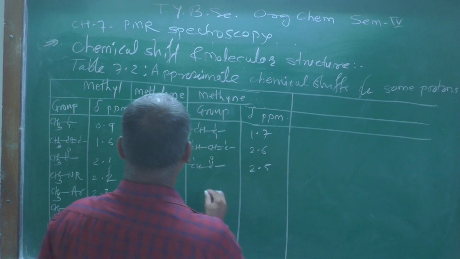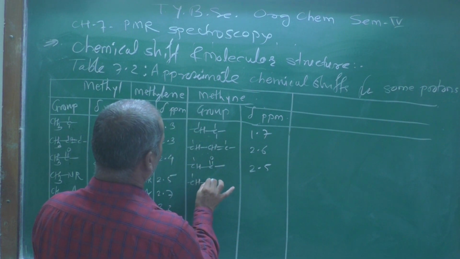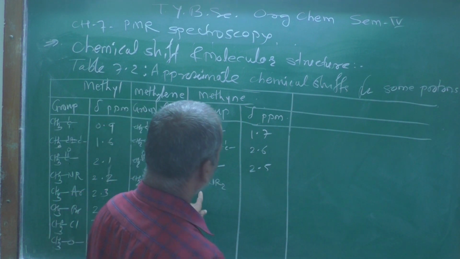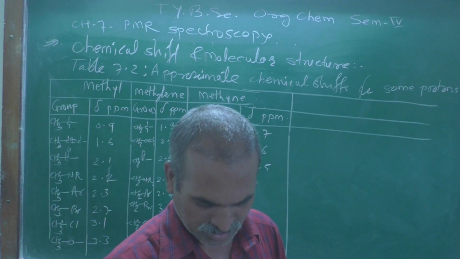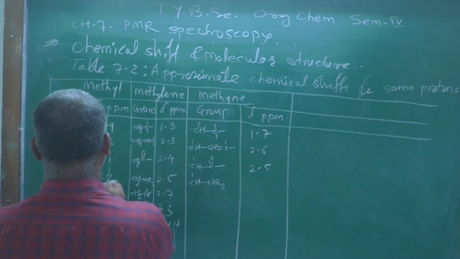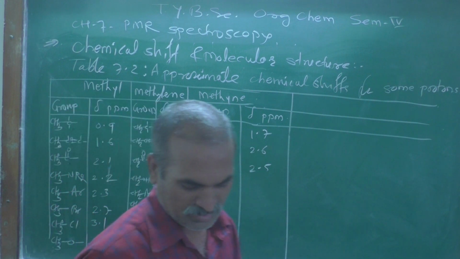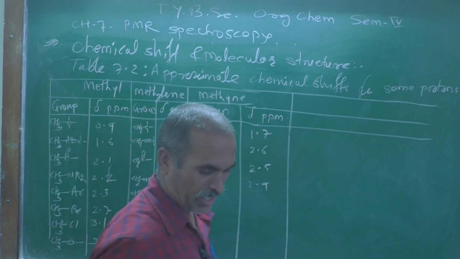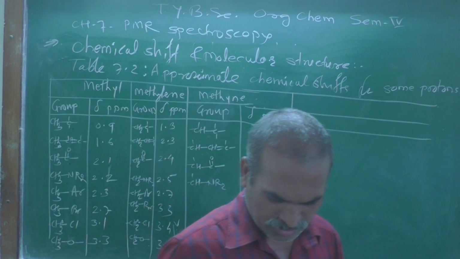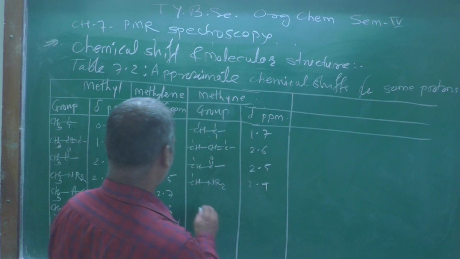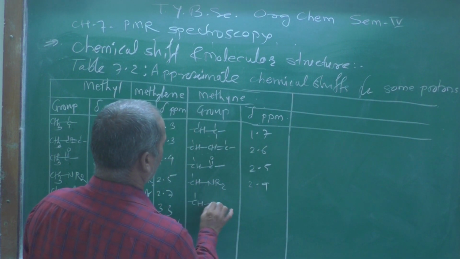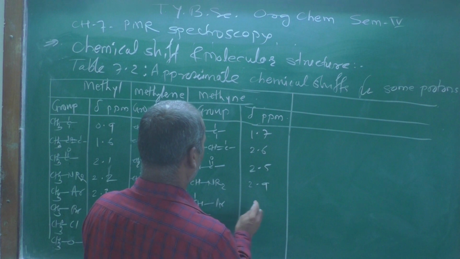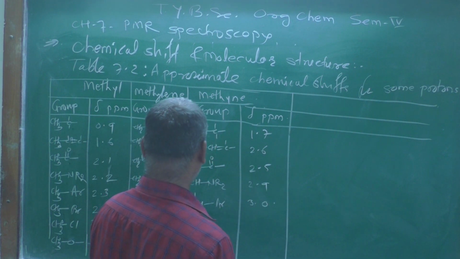Then next one, the methane group further attached to nitrogen, and the chemical shift value is found to be near about 2.9. Now let us see further CH when it is attached to an aromatic ring, the value definitely increases to 3.0.